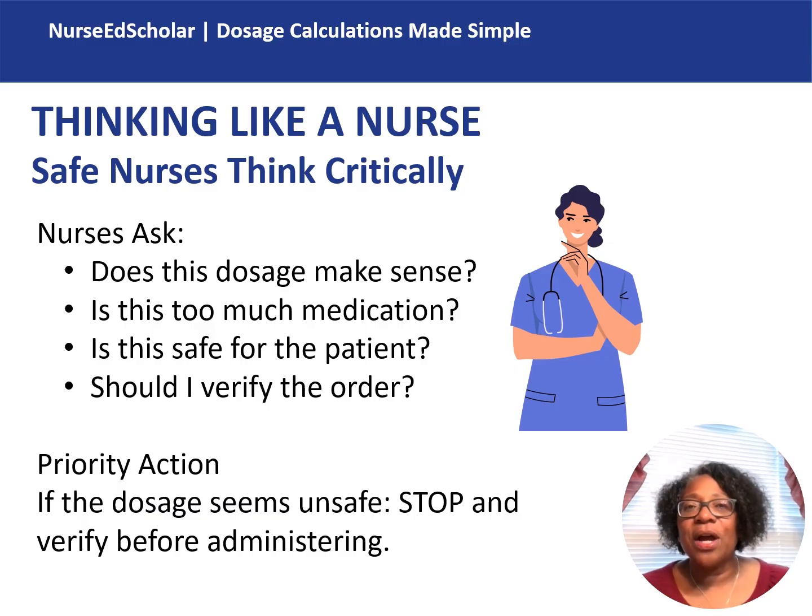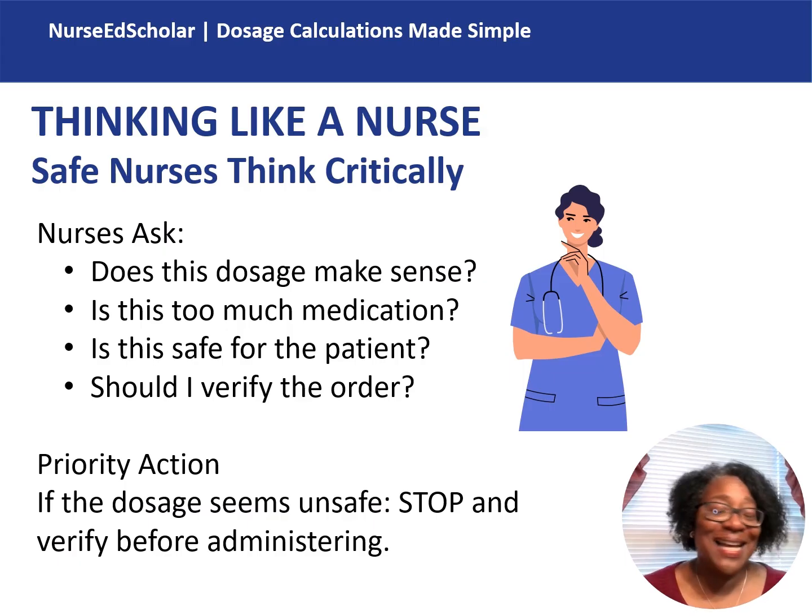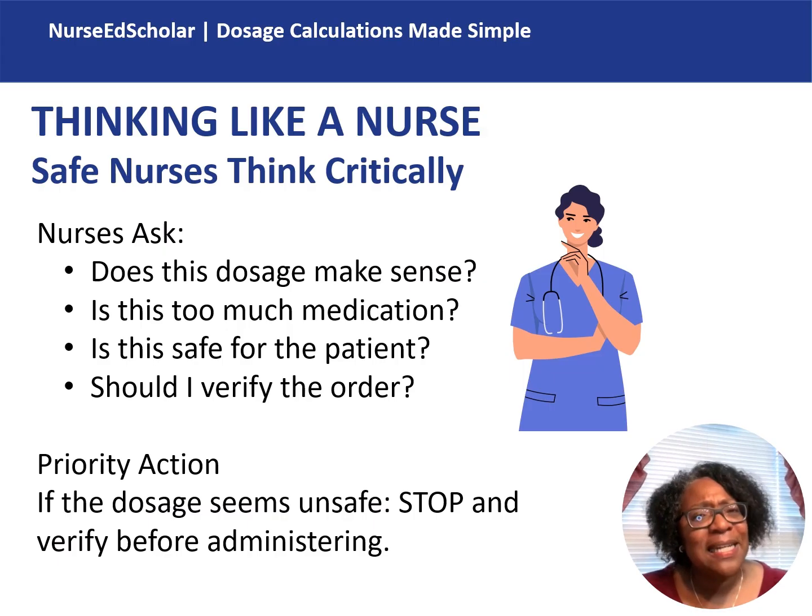Let's talk about thinking critically. Real nurses ask, does this answer make sense? For example, if your calculation says 15 tablets, you got to say, is this too much medication? And you should stop. Because how many people actually get 15 tablets? It may be one, it may be two, it may be 4 or 5, but 15, you're really going to have to look at that.